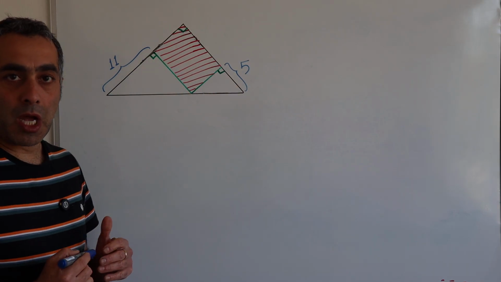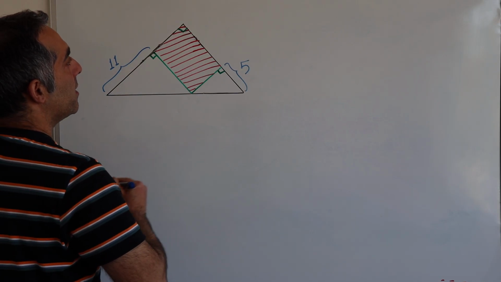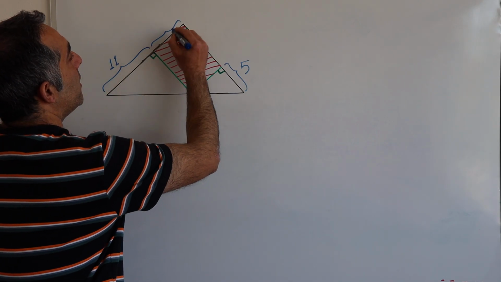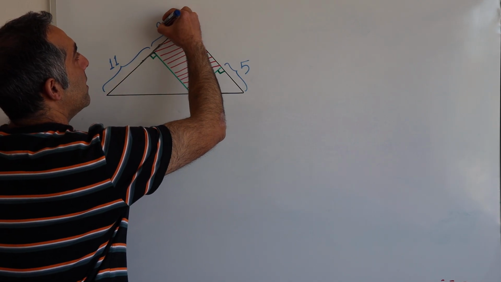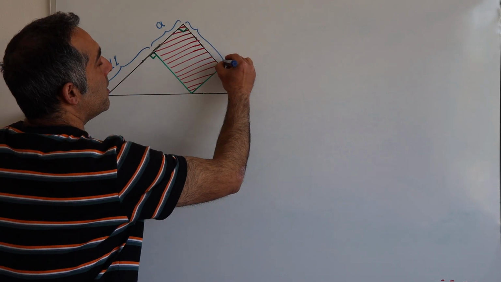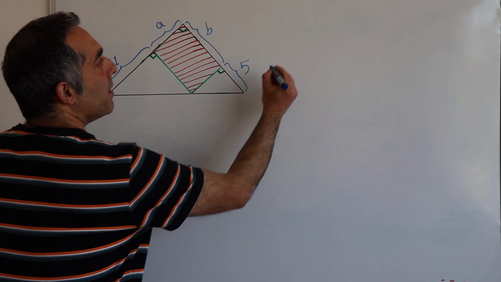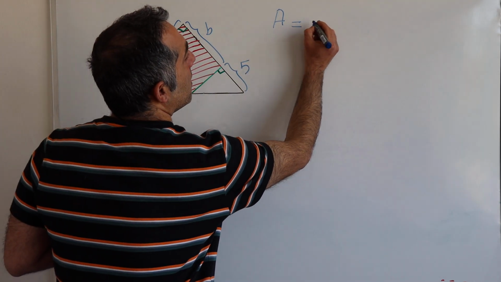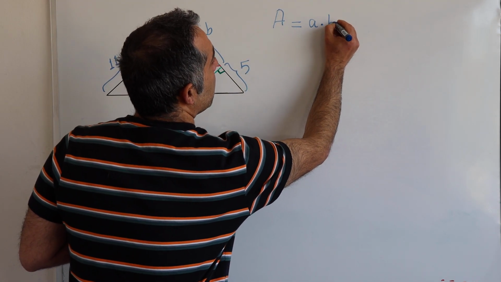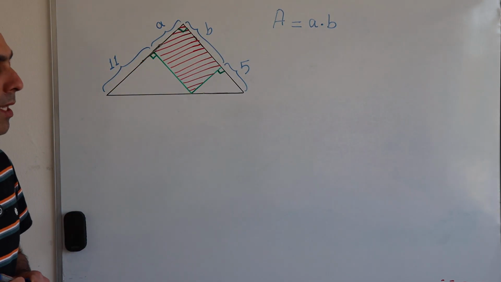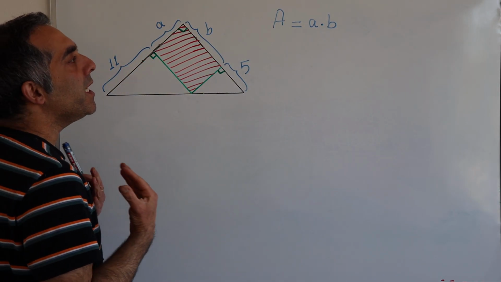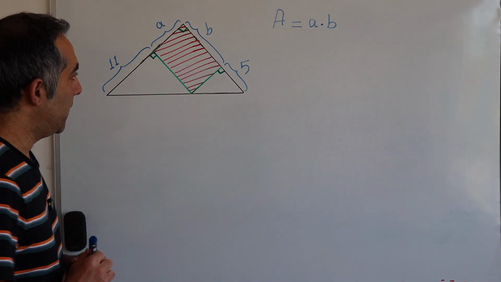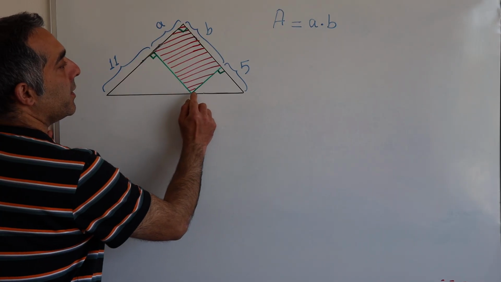About the rectangle, if I call this smaller side A and the bigger side B, then the area of this rectangle is the product of A and B, A times B. So to solve this problem, we just need to know about A and B. But you have two triangles here.